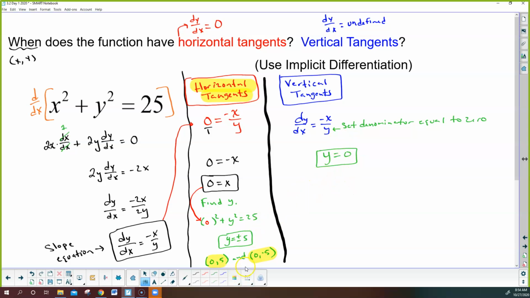But if we find y, then we have to find x. Just like we did in the example here, we had x. So now we have to find y. Well, now we got y. So we have to find x. And you're going to probably know this answer already if I plug in 0 for y.